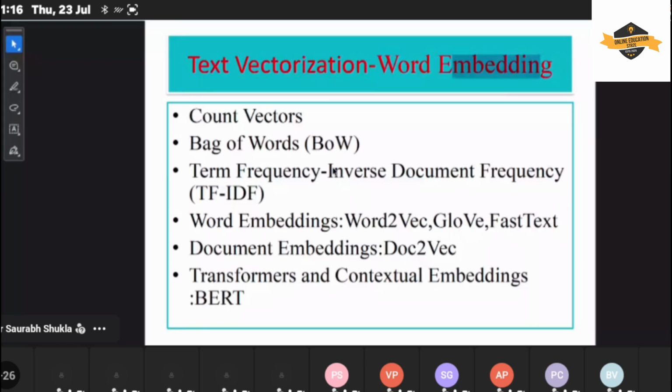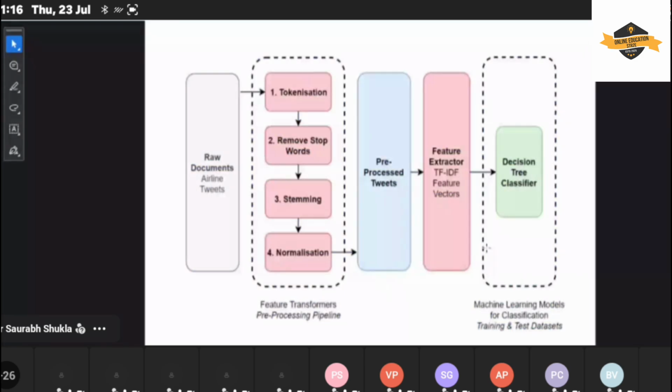So then there comes the role of raw documents, airline tweets: do the tokenization, remove the stop words, is, the, are, you. These are the stop words. Stemming: what are the repeated words, whatever the run, running, walk, walking, all those ing, remove, just come up to the root word walk.